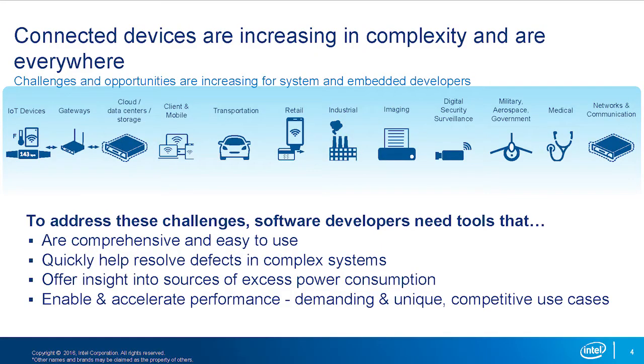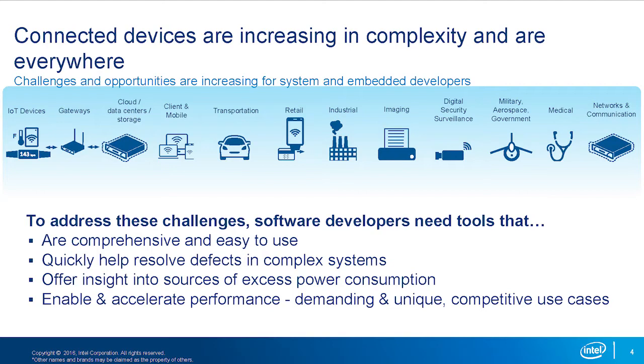With all the different devices in the embedded space, including IoT devices, transportation, retail, imaging devices, systems are getting more complex, more powerful, and solutions are networked and connected, and there's lots of complexity in these devices these days.